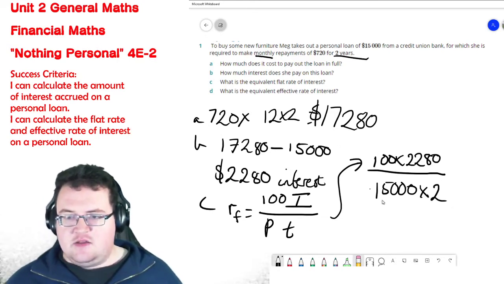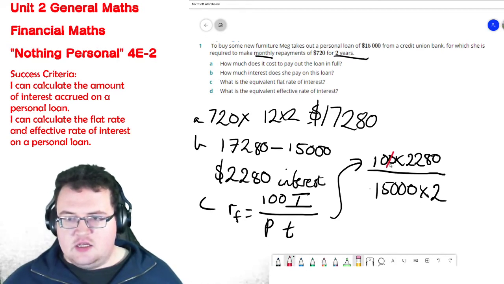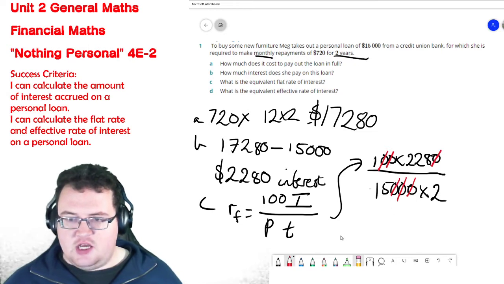So that means that we can cancel down some of these things. So we'll cancel down a 0 here and a 0 here, a 0 here and a 0 here, and we'll cancel down a 0 here and a 0 here.